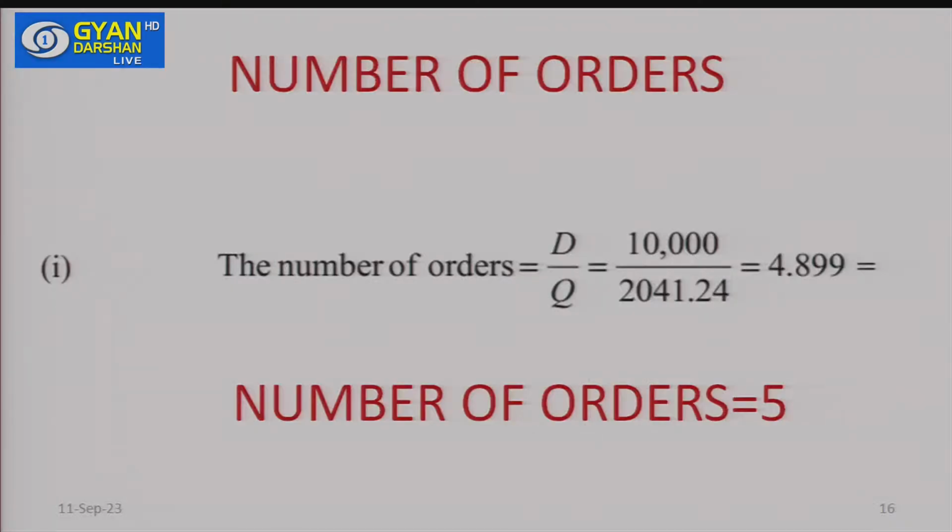Similarly, we can also calculate the number of orders by dividing demand by the economic order quantity. You can keep the exact amount 2040. Again, it does not come as an absolute value, and if we approximate it, the number of orders per year is 5 orders.